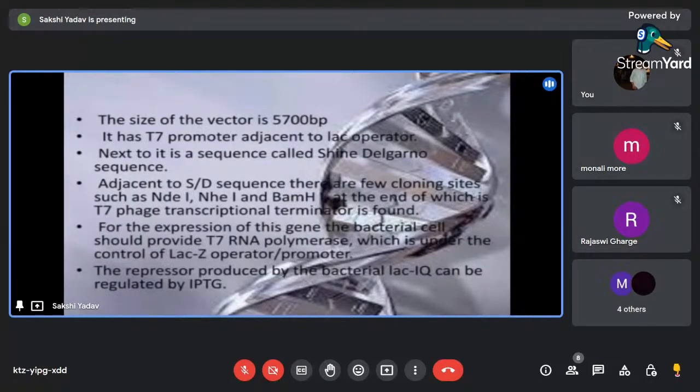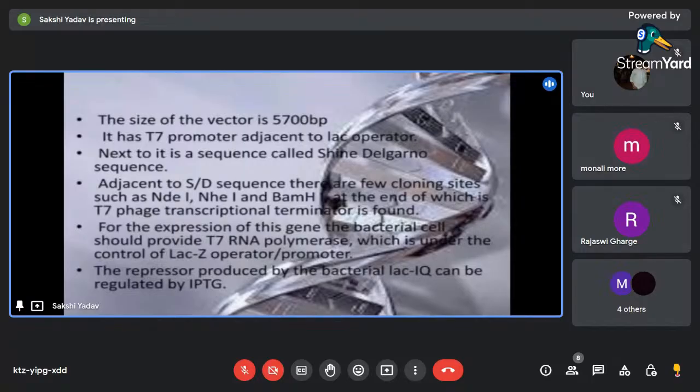It has a T7 promoter adjacent to the LAC operator. Next to it is a sequence called the Shine-Dalgarno sequence, which is basically a ribosomal binding site in a bacterial or archaeal messenger RNA.